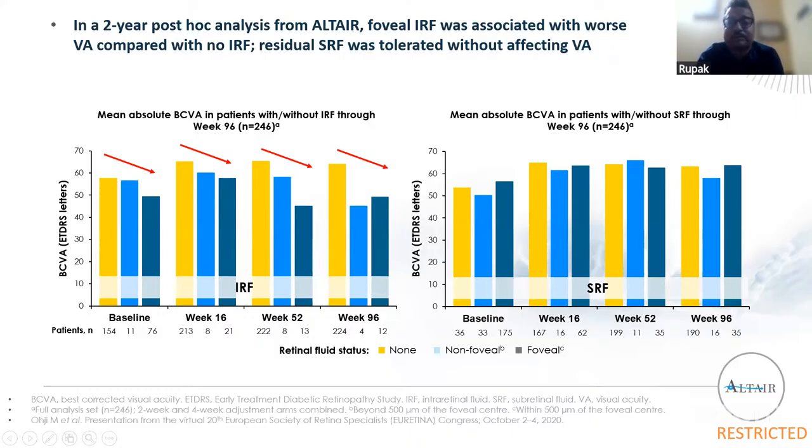ALTAIR was another study, a treat-and-extend study, which showed that foveal IRF was associated with worse visual acuity compared with patients with no fluid. Residual SRF was tolerated without affecting visual acuity.